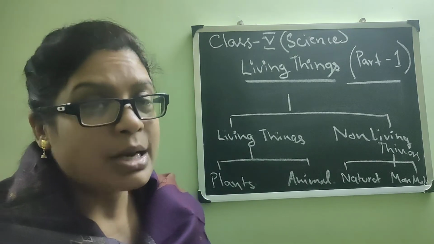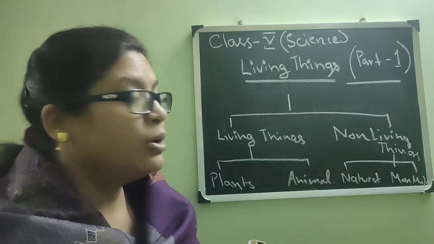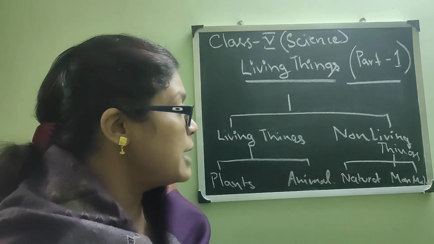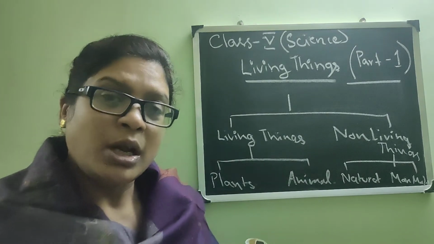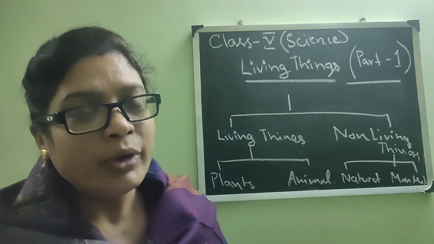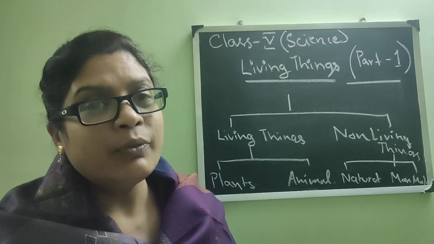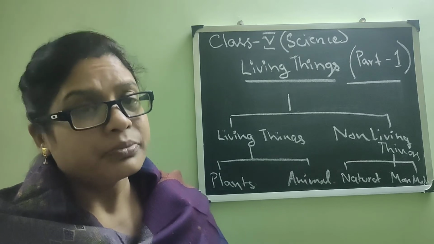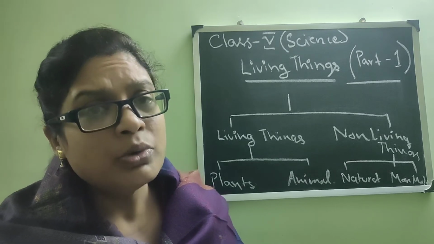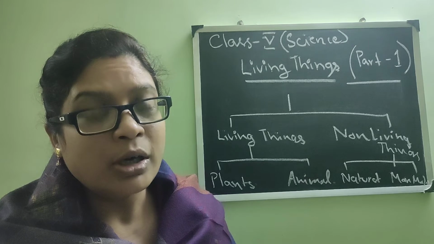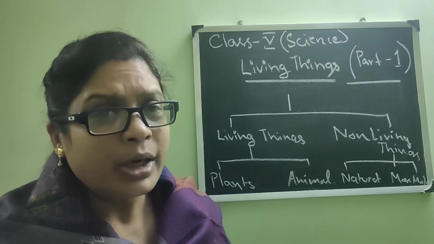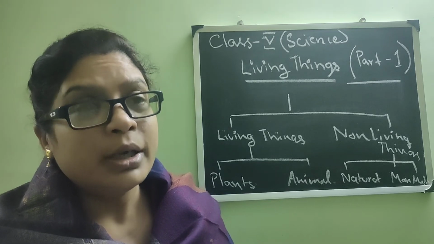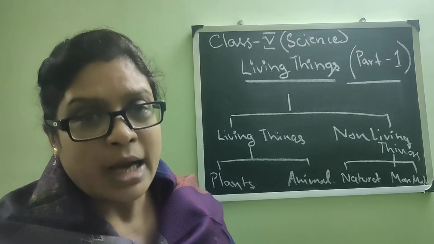So when we will start this chapter, we will see that non-living things, these two types are mentioned. What is natural? Natural means we can understand by the name that what is coming from nature, isn't it? So nature means the sun, moon, star, mountain, river, isn't it? So different things which we have got from nature directly.